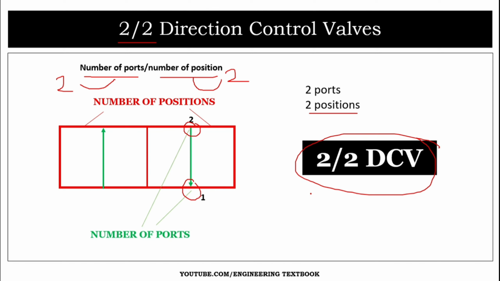Now the question arises: how can we know when the valve is in operating condition and when it is in closed condition? That is, when the valve is in open condition and when the valve is in closed condition. So let's study that.